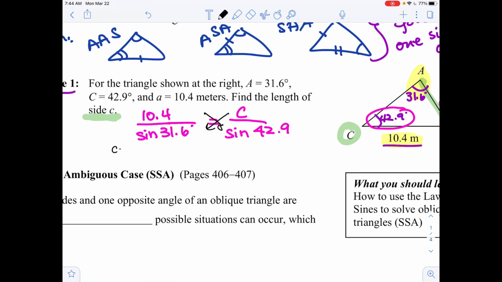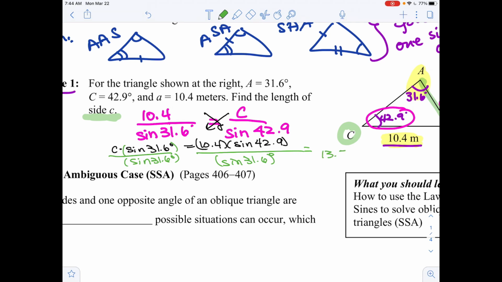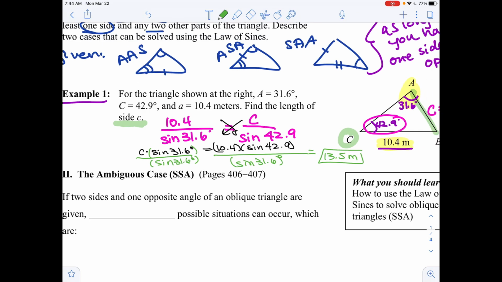So we get c times the sine of 31.6 degrees equals 10.4 times the sine of 42.9. Now to get c by itself, I'm going to divide both sides by sine of 31.6 degrees. If I plug that into my calculator, making sure that my mode is in degrees, we get 13.5 meters.